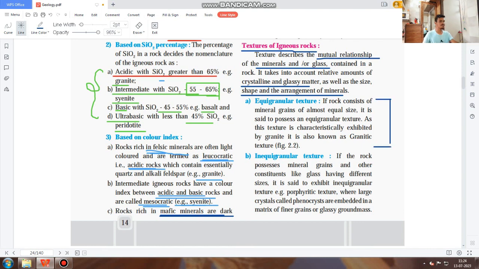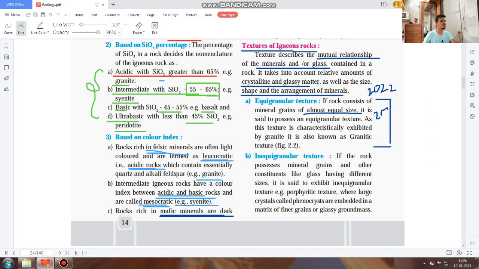Now this part, equigranular texture, had come in 2022. It was a question for 2 marks. You have to remember this entire paragraph to write it for 2 marks.